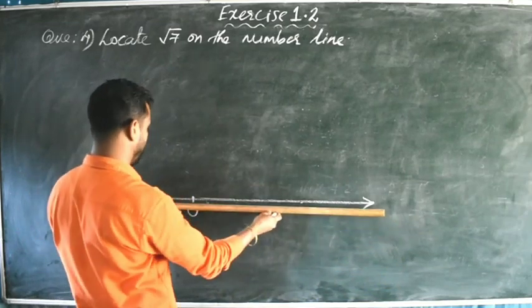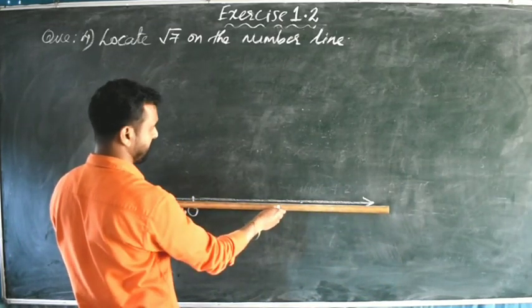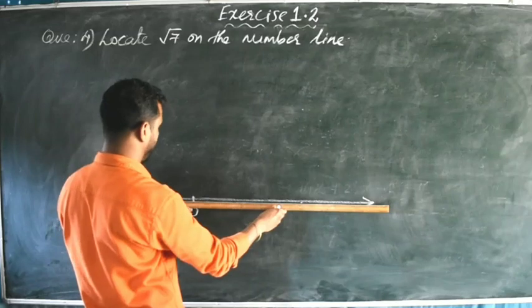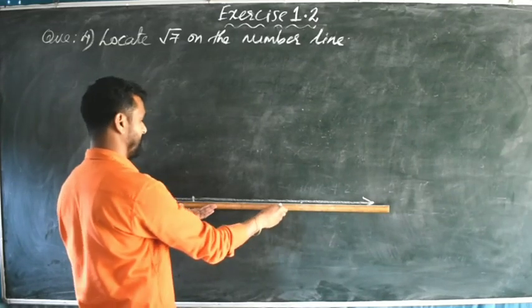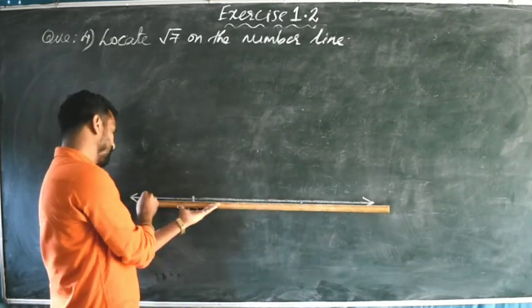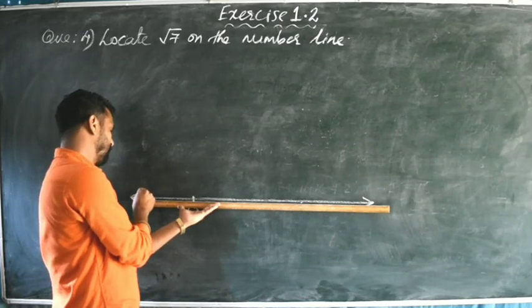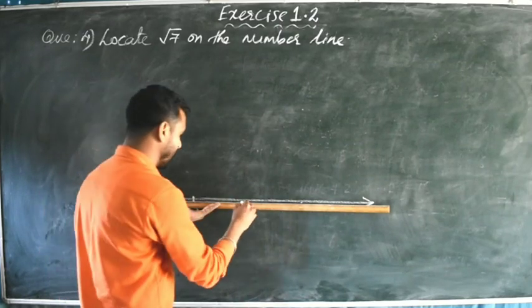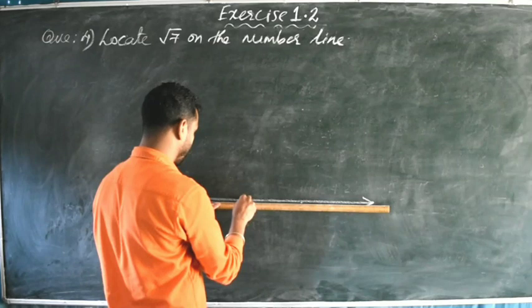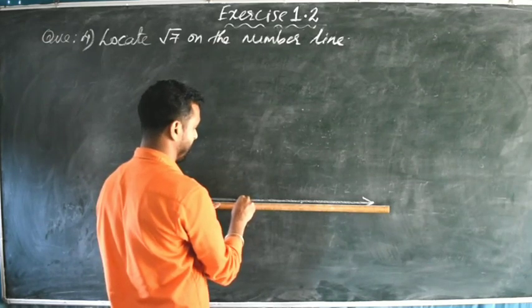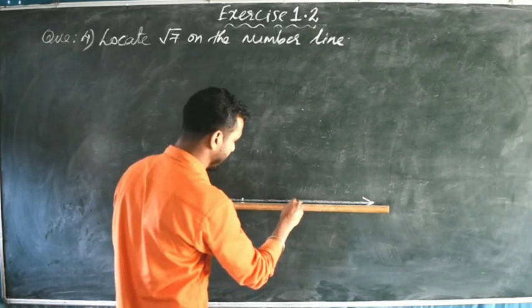So here I am going to mark 2 centimeter as 1 unit. I told that in the previous video also. If you take 1 centimeter as 1 unit, then the figure will be very small. So we will take 2 centimeter as 1 unit.